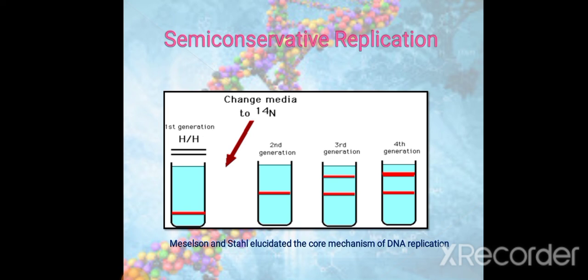Means within the newly synthesized DNA molecules, one strand is completely the parental or old strand, and the other strand is the newly synthesized strand. Such DNA replication is considered to be the semi-conservative mode of DNA replication. So this is all the information about the semi-conservative mode of DNA replication and the Meselson and Stahl experiment.